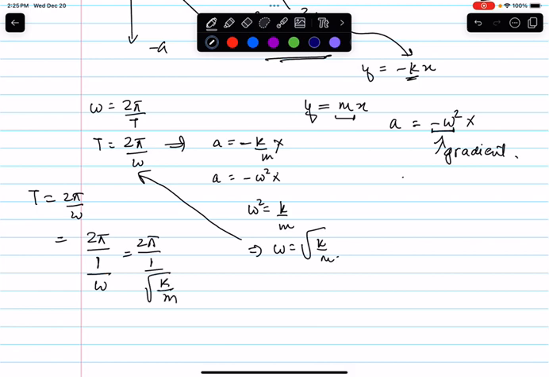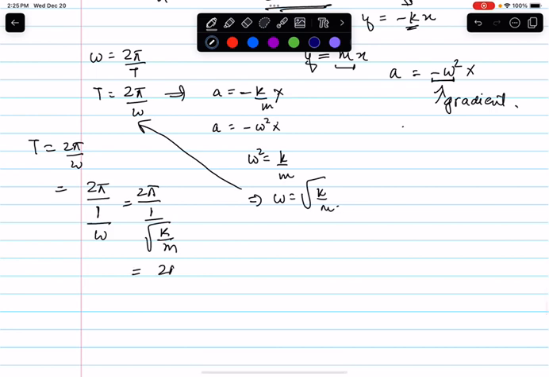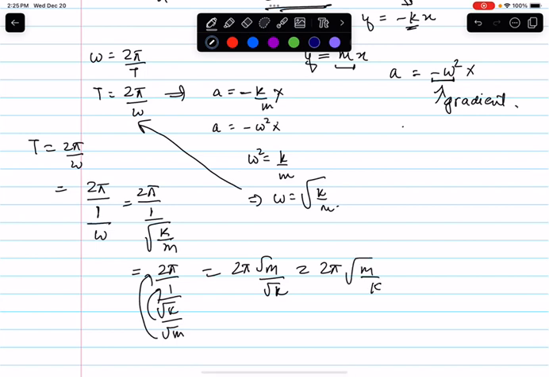This becomes 2 pi times root m by root k, which is 2 pi square root of m by k. This is your time period of the oscillation.